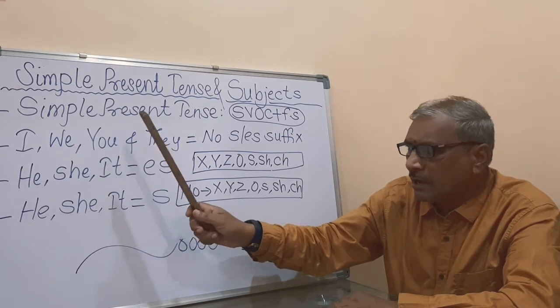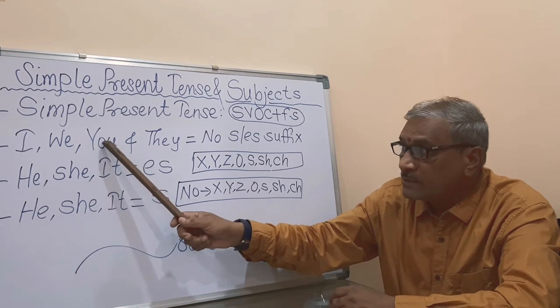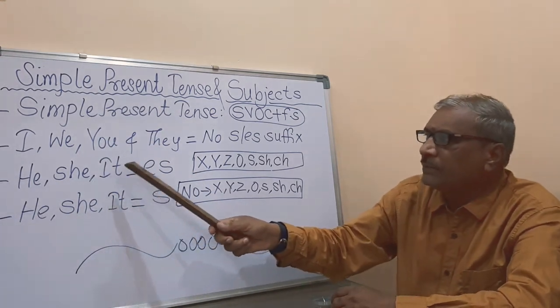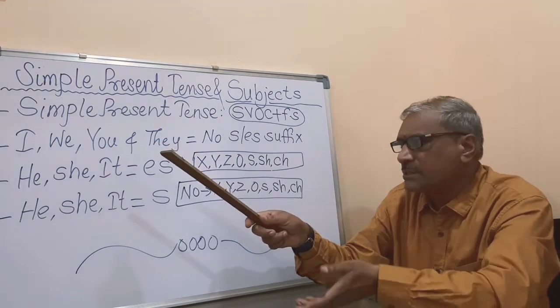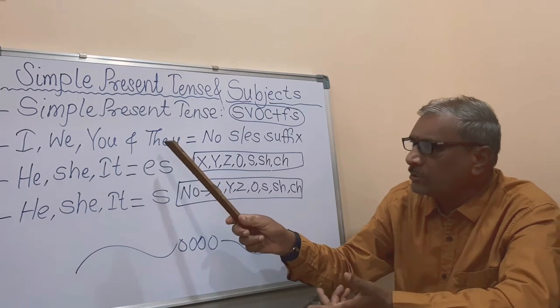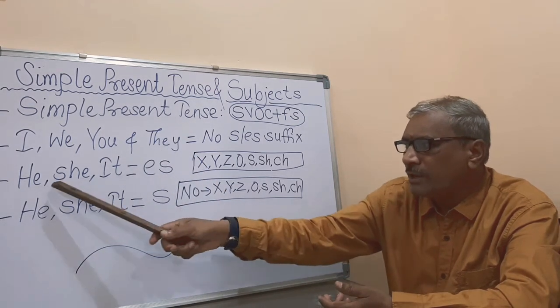You, there are two you, means singular you and plural you, are the second person subjects, and he, she, it are the third person subjects, but they are singular, and they is also a third person subject, and it is the plural of he, she, it.